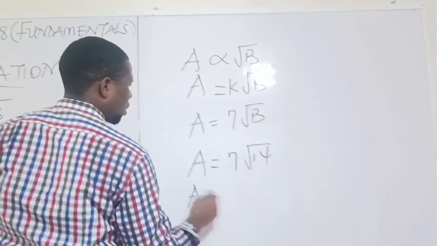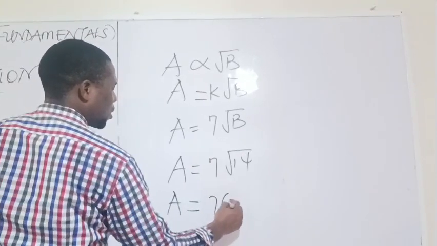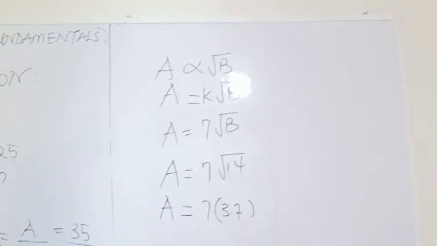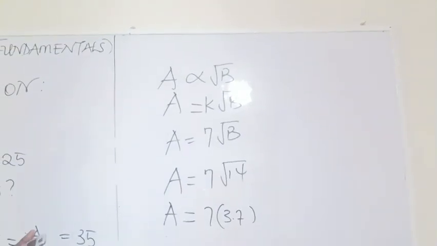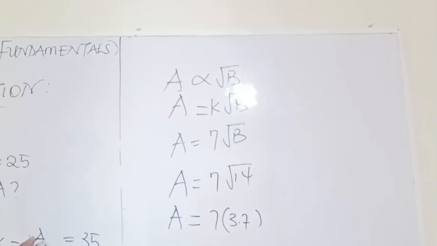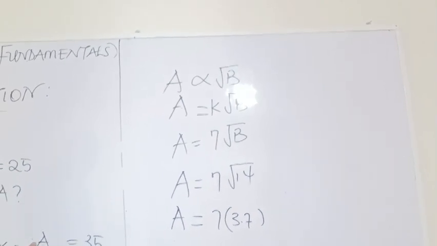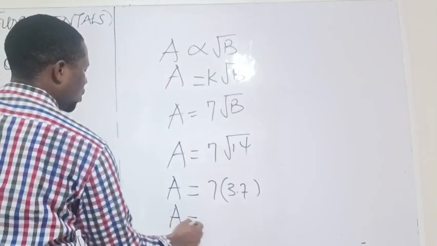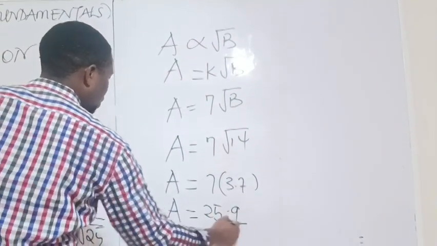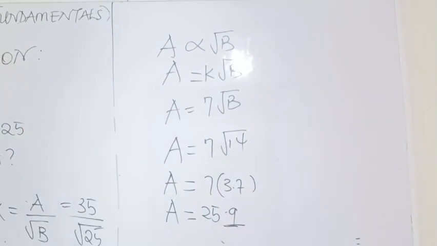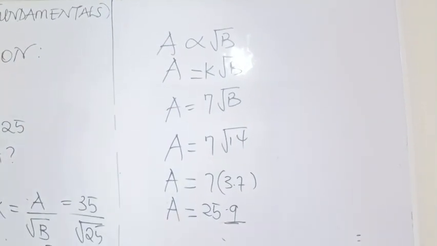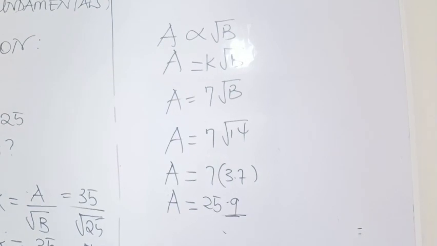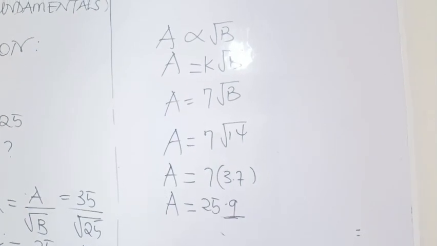So A is 7 times 3.7, of course, I have 25.9. So A in this regard is 25.9. So this is the first example in direct variation. You may need to beam this for a while, while we move on to the next question.